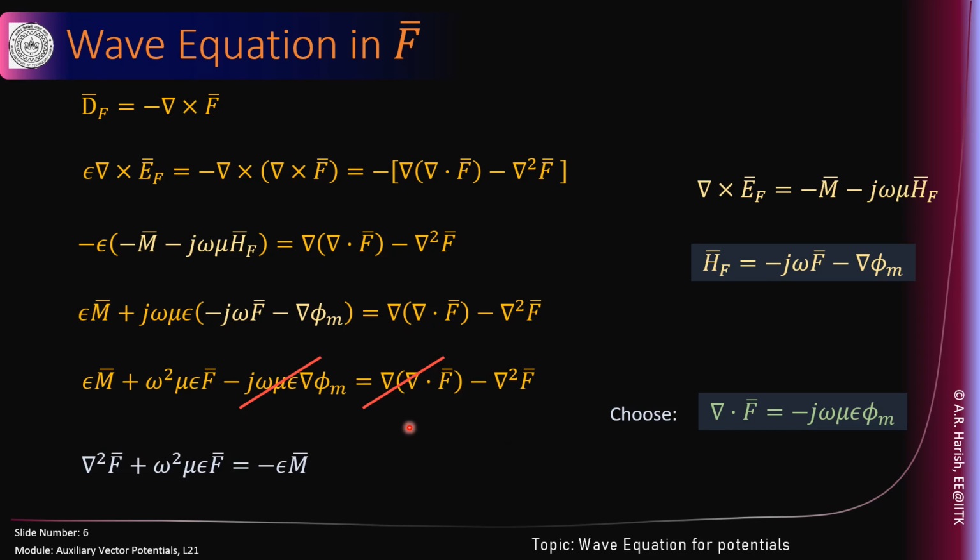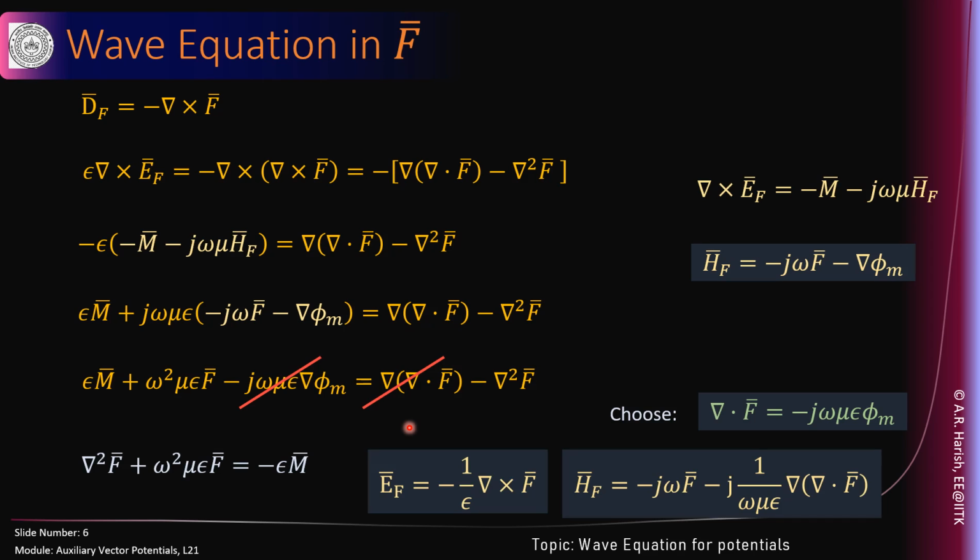What we are left with is an inhomogeneous vector wave equation for evaluating F in terms of the magnetic current M, very similar to the equation for A. Once we solve this equation and find the value of F, you can evaluate the electric and magnetic fields due to F via these results.